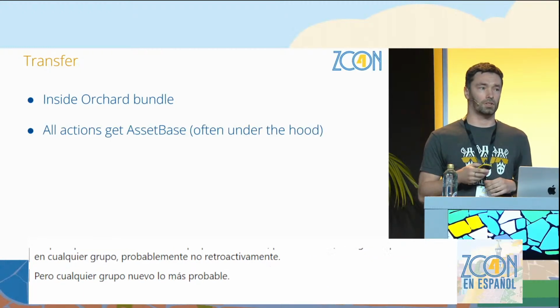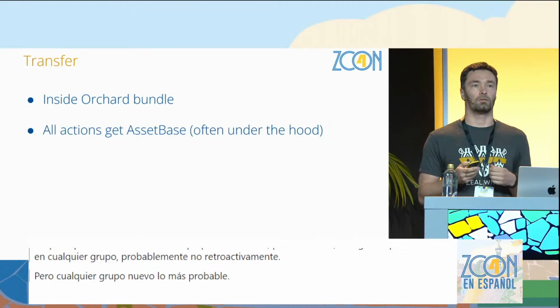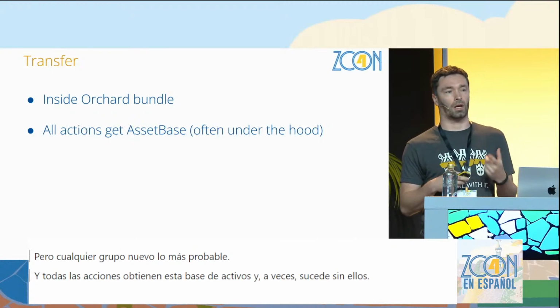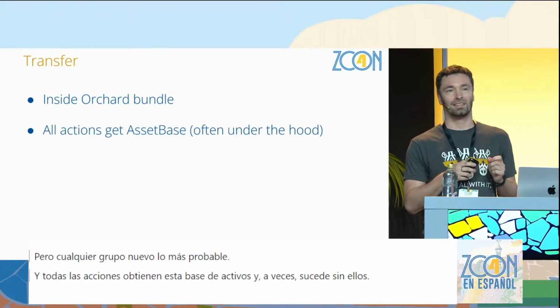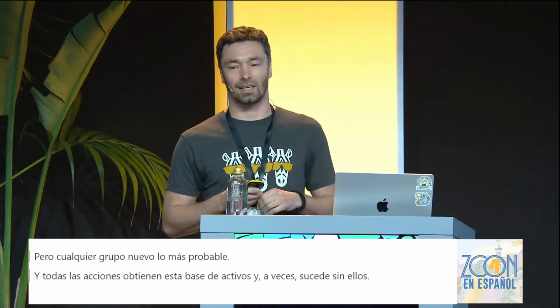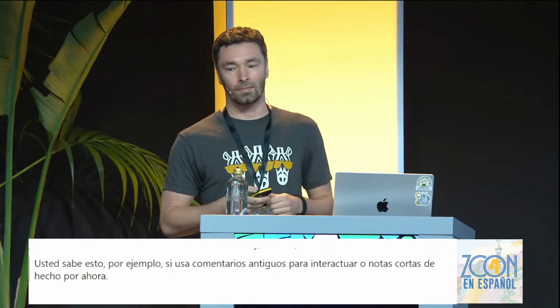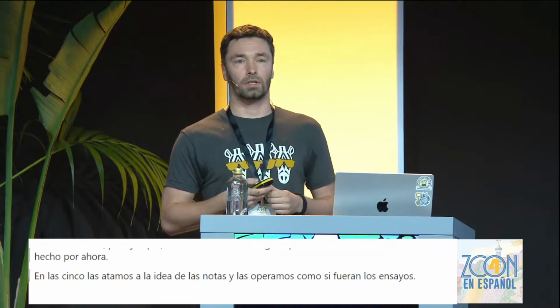And all the actions, they get this asset base, and sometimes it happens without you knowing this. So for example, if you use old commands to interact with Orchard nodes, in fact, for now in V5, we add this asset ID to the nodes and we operate like if they were ZSAs.